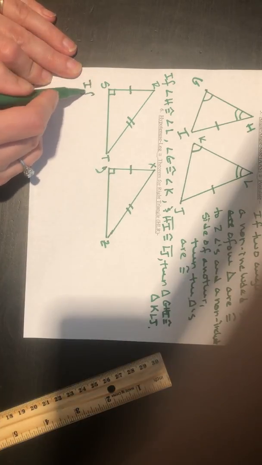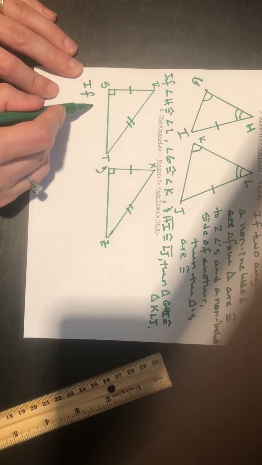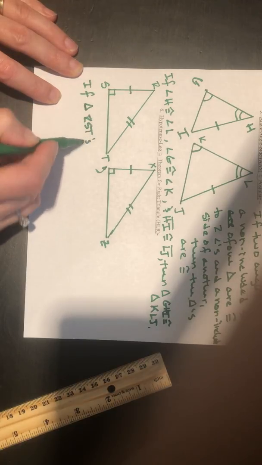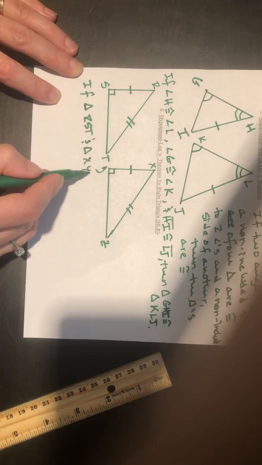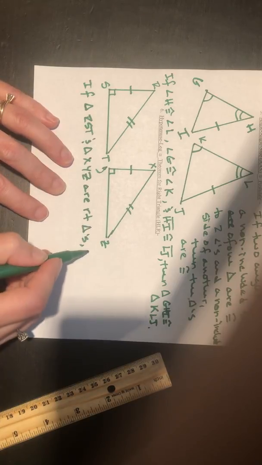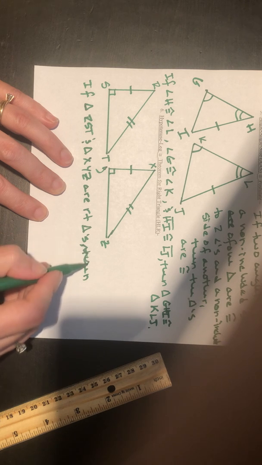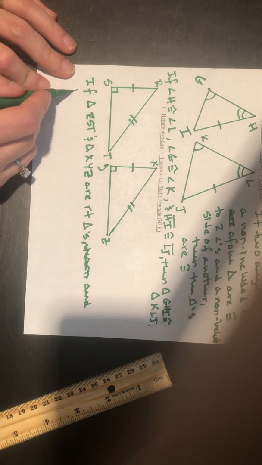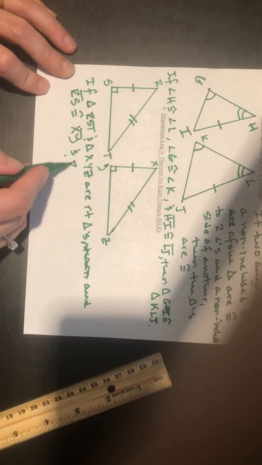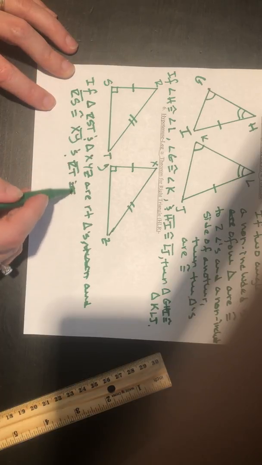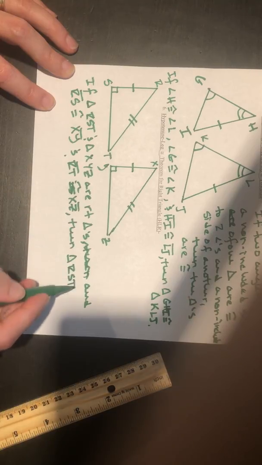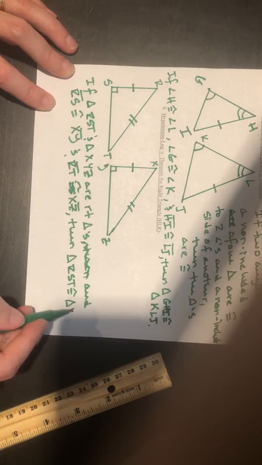So if triangle RST and triangle XYZ are right triangles, and RS is congruent to XY and RT is congruent to XZ, then triangle RST is congruent to triangle XYZ.